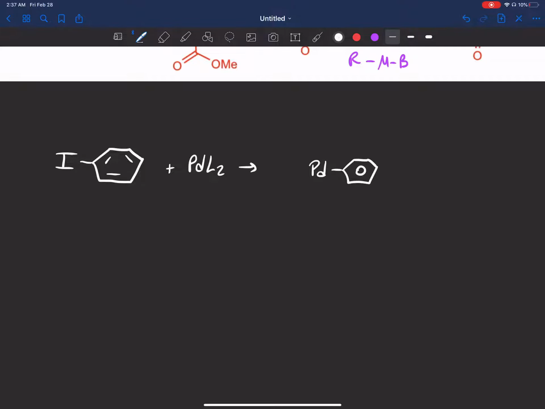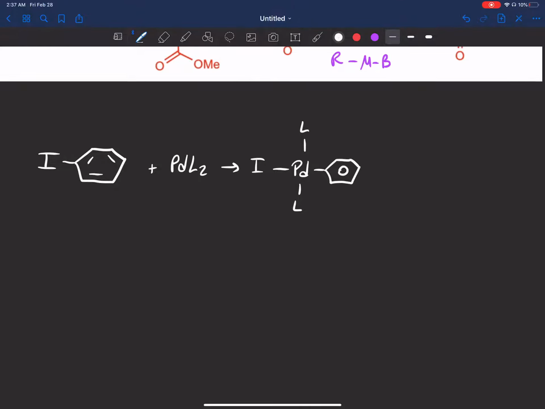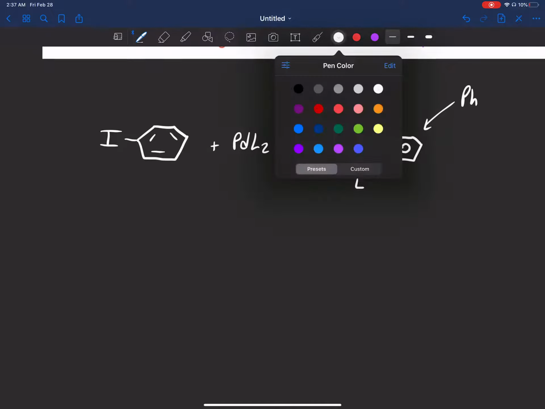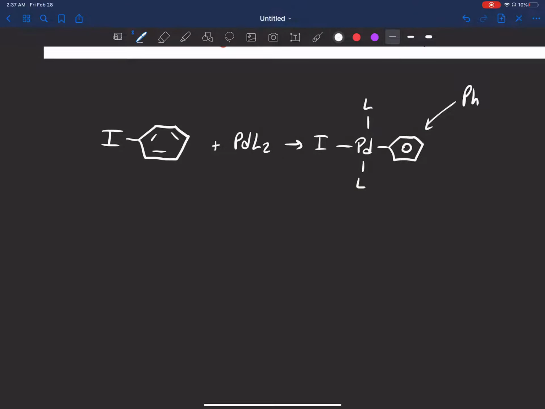I'm just going to put a circle here, because hopefully you guys know that the rings in a benzene can resonate around, so the shorthand way is just putting a circle. I'm going to abbreviate this from now on. That benzene ring is just going to be Ph, a phenyl group. Just keep that in mind, because I'm not going to draw it out, since there's going to be a lot of space.